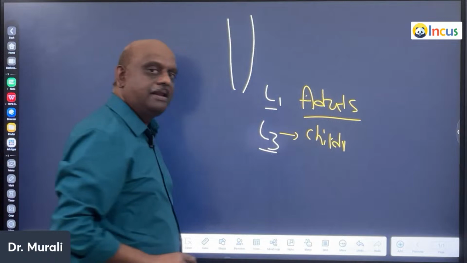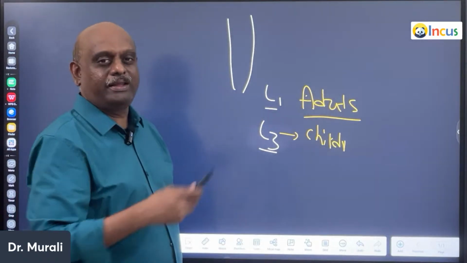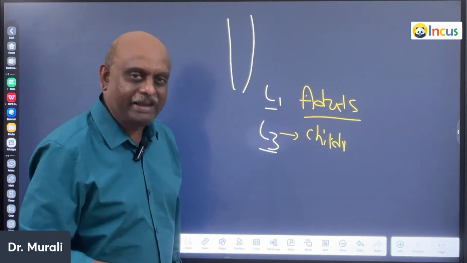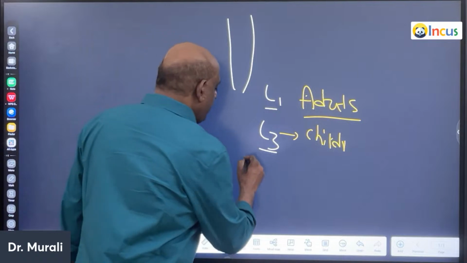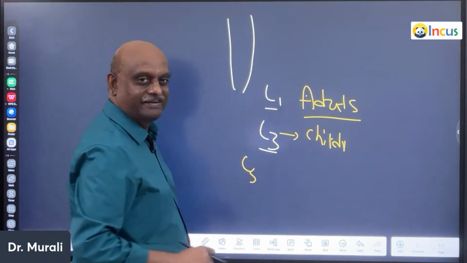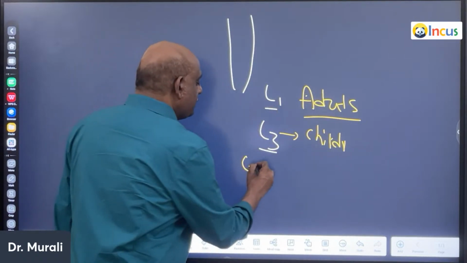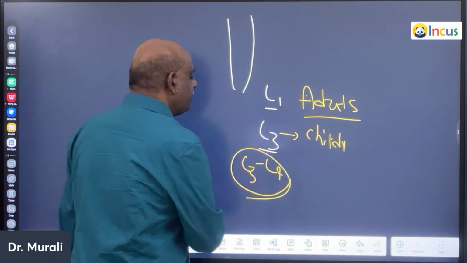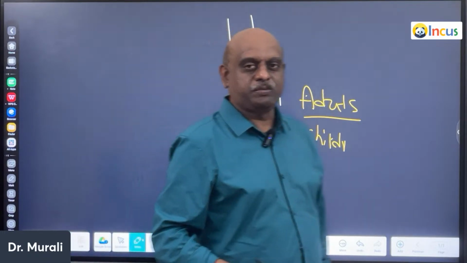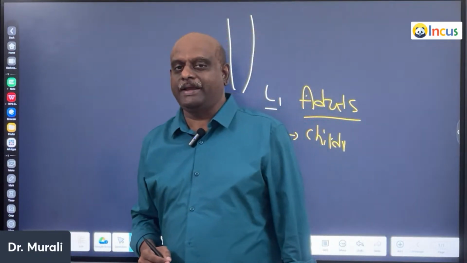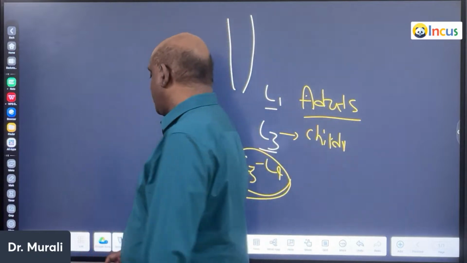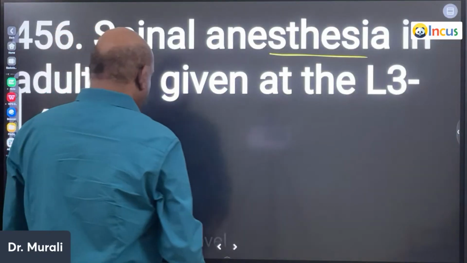That's the reason in adults, whenever you are doing the lumbar puncture or spinal anesthesia, it needs to be given at the level below the L1. That means between L3 to L4 is the level at which spinal anesthesia is being administered in the case of the adults. Here's what you have to remember.